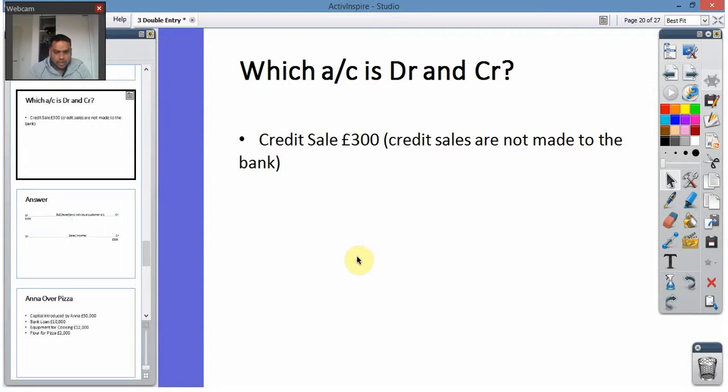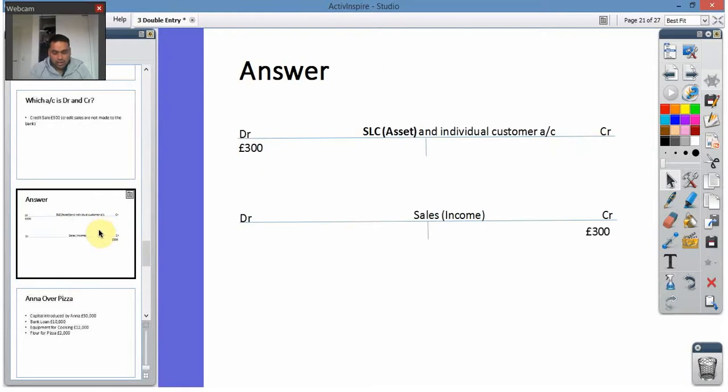So it would be credited to the income, and then it will be debited to sales ledger control, which is the new name for debtors. So now we call it sales ledger control, but they're basically debtors, people that owe you money. So £300 to the sales ledger control, and £300 to the sales income account.